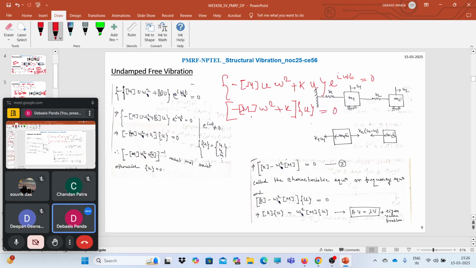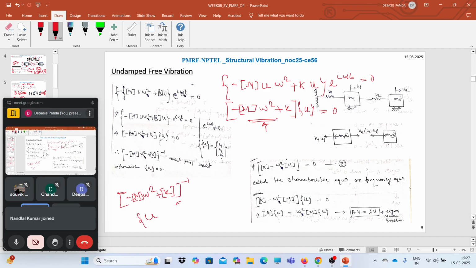Now this part cannot be 0. That means the inverse of this part does not exist. That means the term minus m omega square plus k inverse will not exist. If it existed, what would happen? The u would be 0, right? That means there would be no motion.